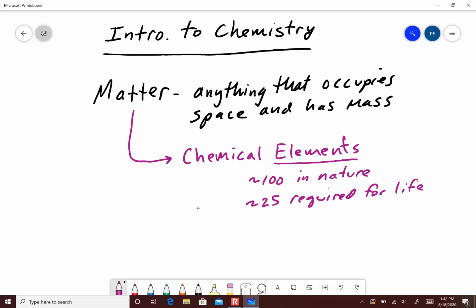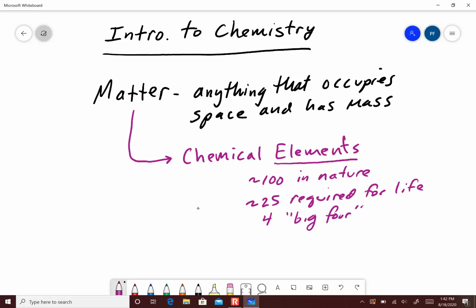So that breakdown is 100 in nature, but around 25 of those are things we find in living things. And then there are 4 of them when it comes to biology, the big 4. I'll tell you those when we get to our lecture on elements, along with some of the others that we see.